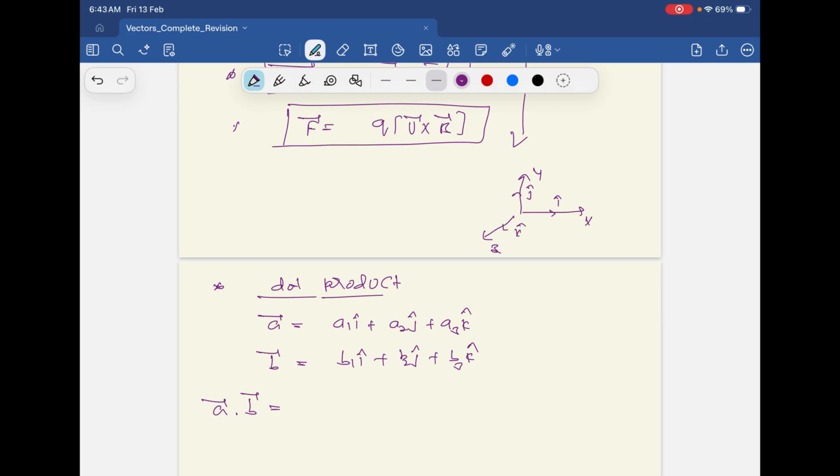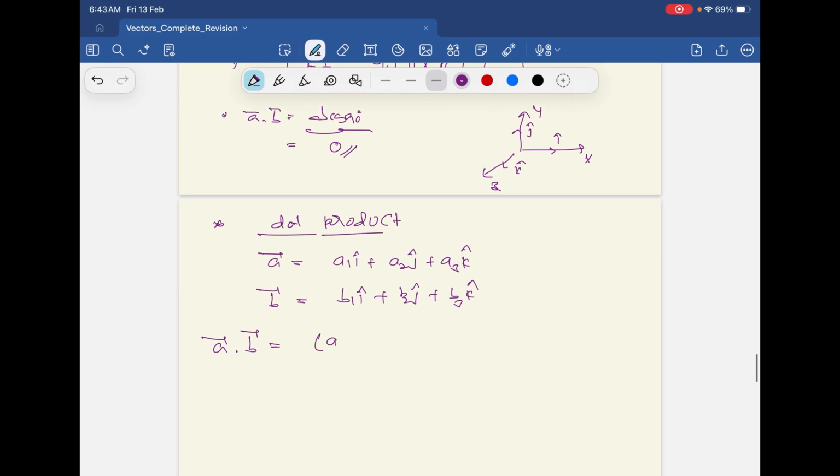So already we have seen if theta is 90 degrees, A bar dot B bar is AB cos 90. So when two vectors are perpendicular, dot product becomes how much? 0. Okay. Now you can write A1 i plus A2 j plus A3 k dot B1 i plus B2 j plus B3 k.